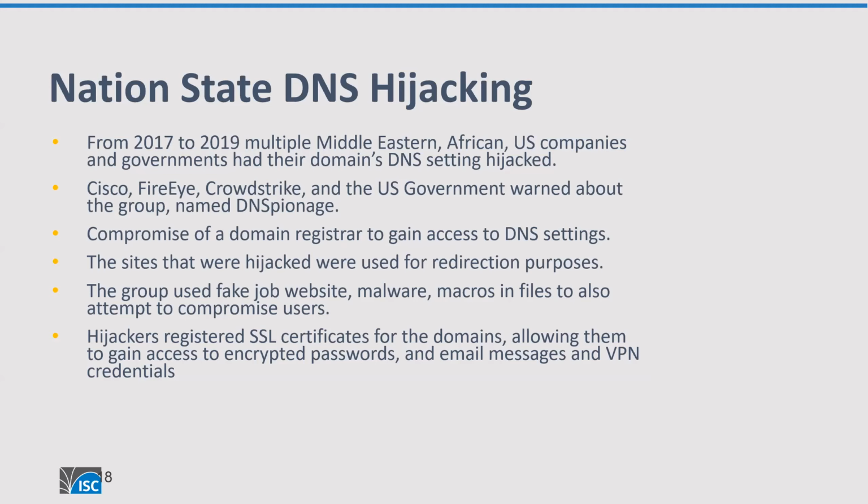And they actually did two campaigns. They did the redirection campaign, and then they used those fake job websites, malware, macros, and files in an attempt to also compromise users. It was this two-pronged attack that people were pulling this information down.